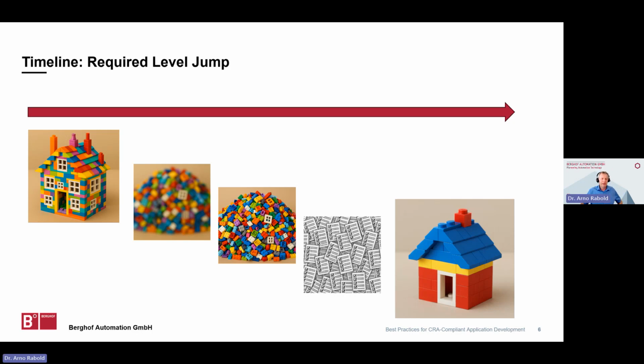So you nearly don't know what to do. After some time, you see it's better, but it's also a lot, and you don't see how it ends or how it should end. On the right side is the required level jump. That's the same house, but built with more regulations, more sorting, and more care, so that you only use the same things.